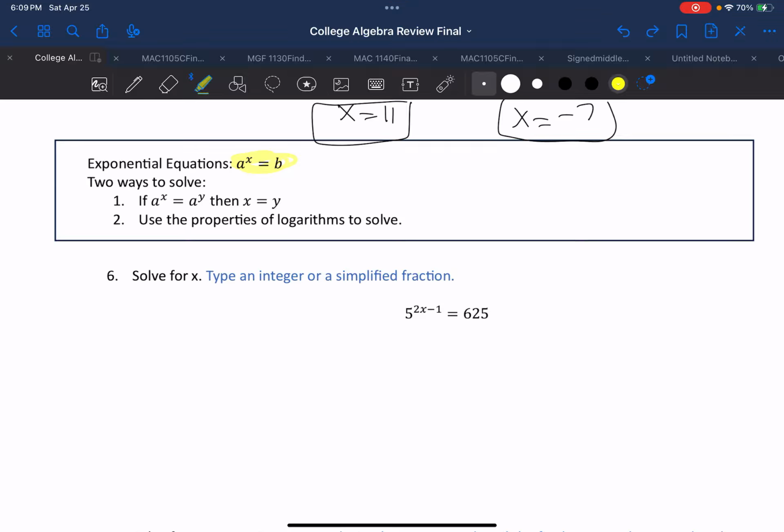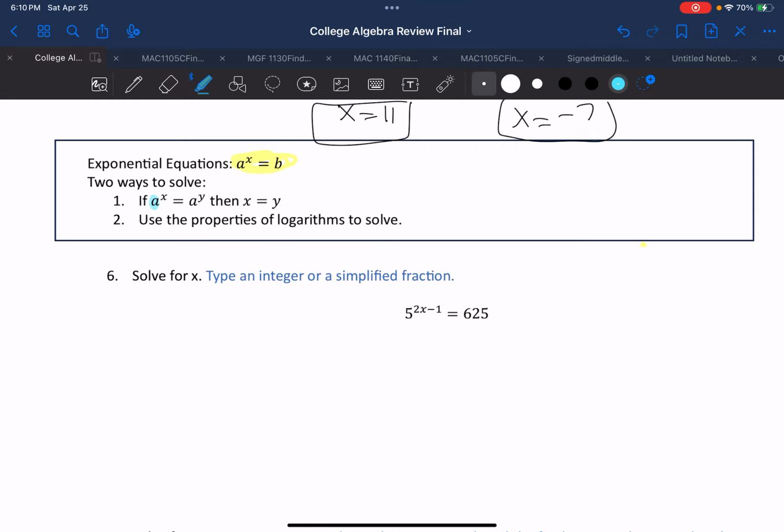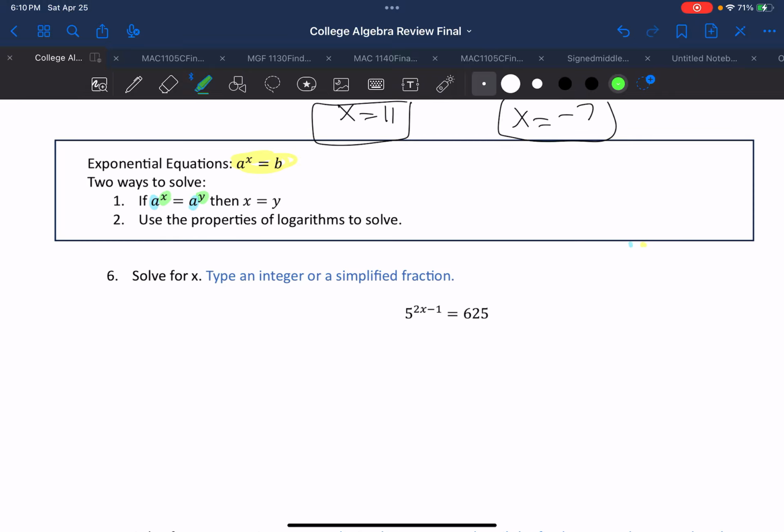And if we can get two exponential expressions on both sides where the bases are the same, then we can just cancel the bases and set the exponents equal to each other.